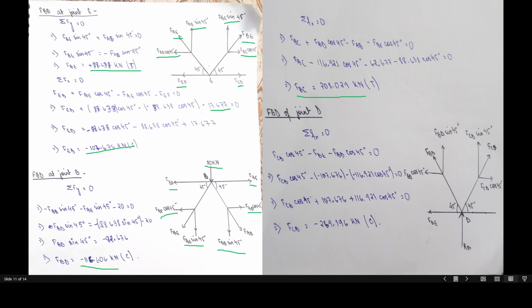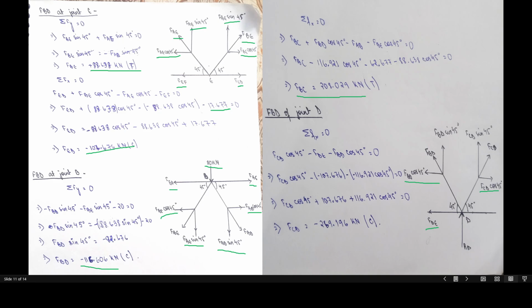Next, we'll evaluate joint D, that is the last one, to get the value of force FCD. So we'll just solve the horizontal forces, and here we have FCD cos 45 degrees and FBD cos 45 degrees, and FDE will be equal to 0.